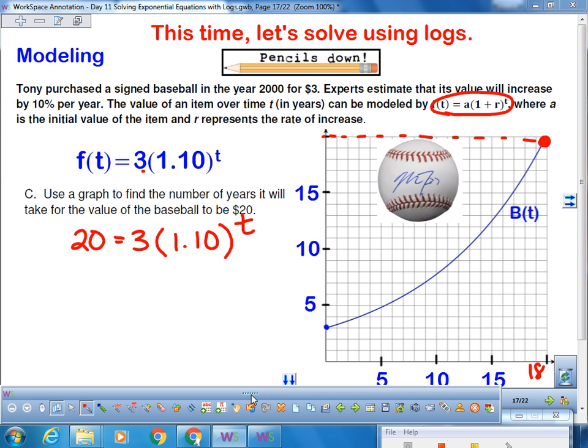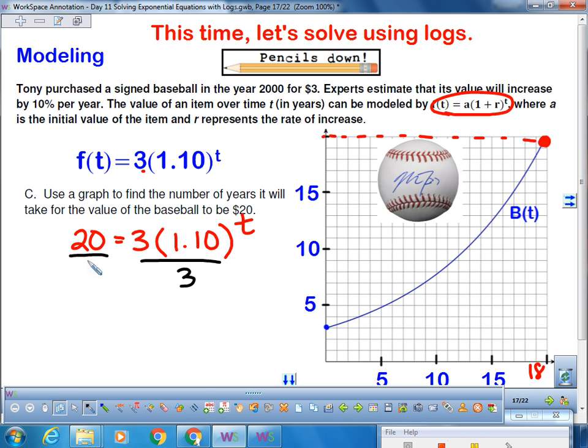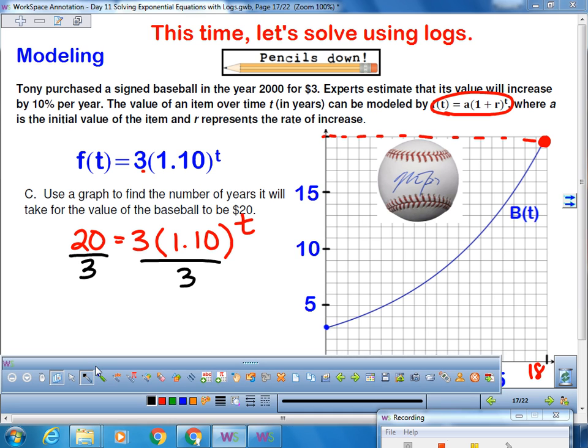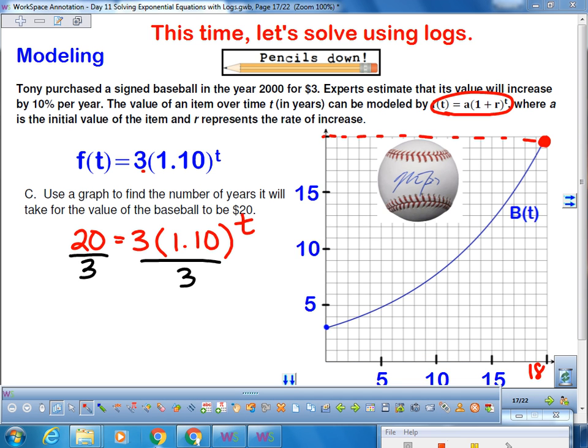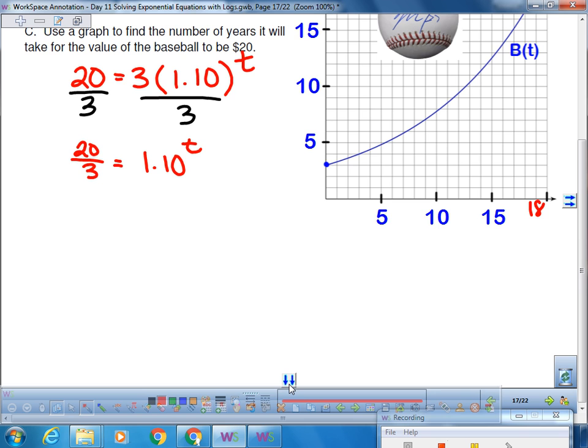Divide. You came with a calculator, and that's what we're going to use. 20 divided by 3 equals 1.10 to the t. Now what do I do? I can't find a common base, so what do I do?